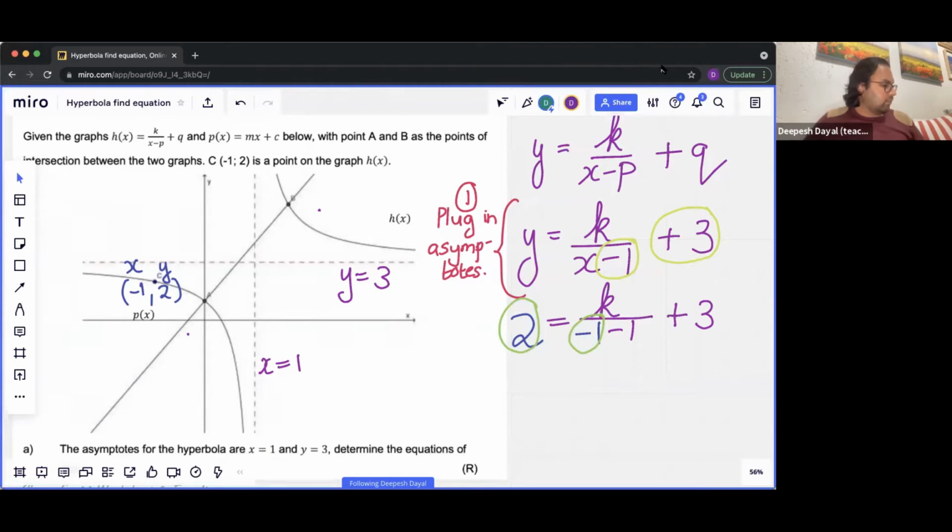So we keep plugging in more and more information. So this is step 2. Plug in a coordinate.